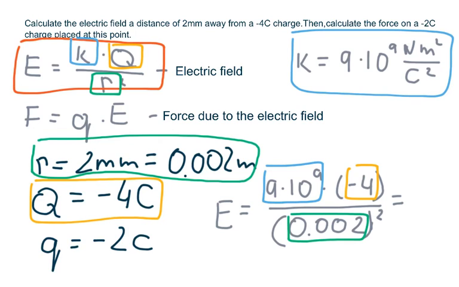If we have multiplication right here, it's very easy to multiply just those two numbers and leave the tens out. So in this case, we have 9 times minus 4, which is negative 36, times 10 to the 9th power. Then we have to take the distance to the second power, and I can show you a very easy way how to do it.